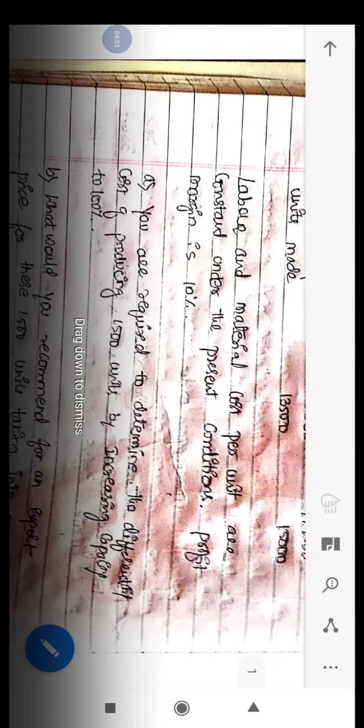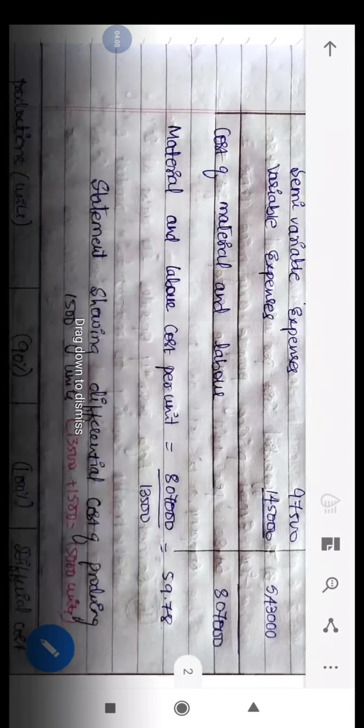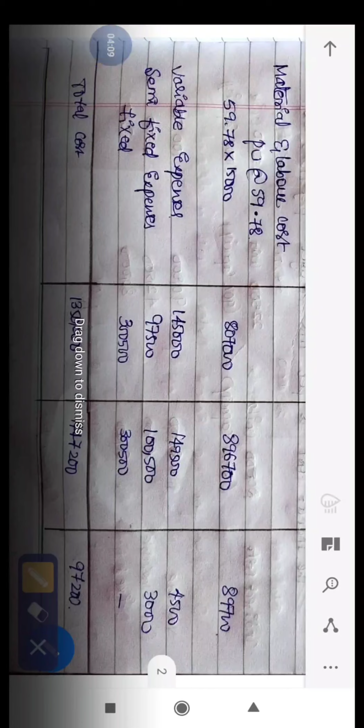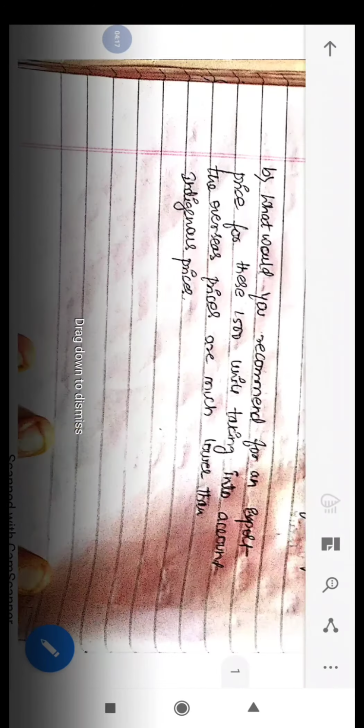Next, variable expenses. The variable expenses given in the problem is 1,45,000, and in 100% it is 1,49,500. The difference is 4,500. Semi-fixed expenses, same.